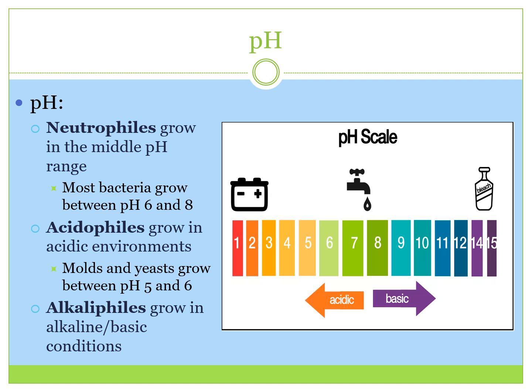So that is that neutral zone, right? Then when you have acidophiles, these guys are going to grow lower than 5. And then alkaliphiles, these are going to grow higher than 9. So they are going to be organisms that prefer alkaline or basic conditions.